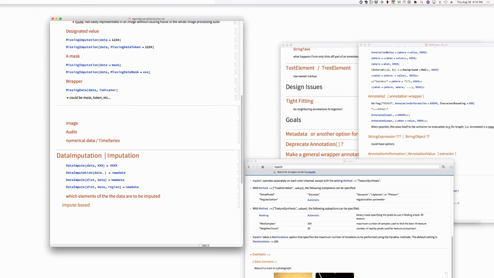Okay, impute based on... Which elements of the data are to be imputed? That's the real question. I mean, it's interesting to use the word impute. What would happen if we just used impute?